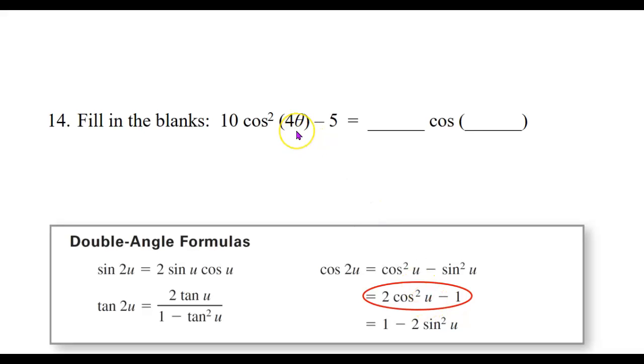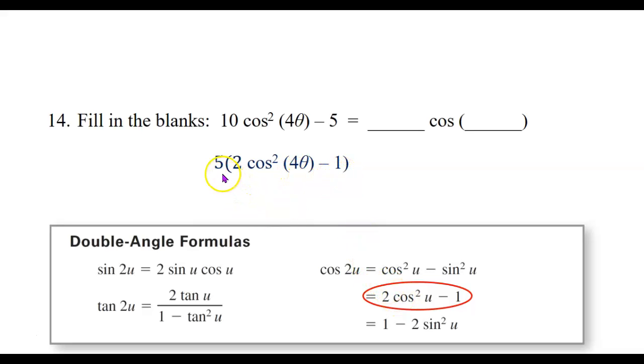In the place of u, we have the expression 4 theta. And we don't just have the numbers 2 and 1, we have the numbers 10 and 5. But we could factor out the common factor of 5 so that it's 5 times 2 cosine squared of 4 theta minus 1.